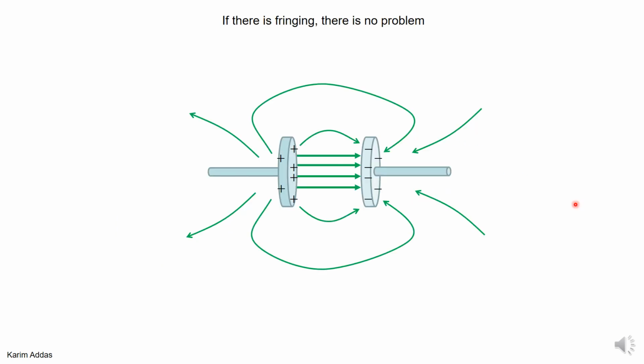If you had fringing, let's assume you have a capacitor where the plates are not close to each other and the plates are not large compared with the distance. So you have some kind of fringing like this, where the electric field goes outside somehow. It's not a problem.